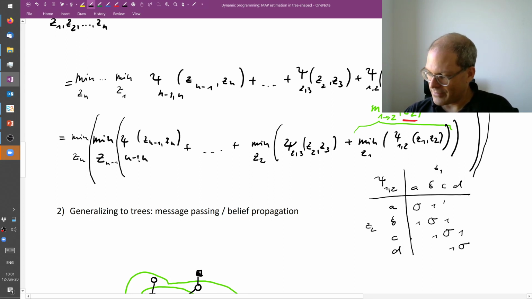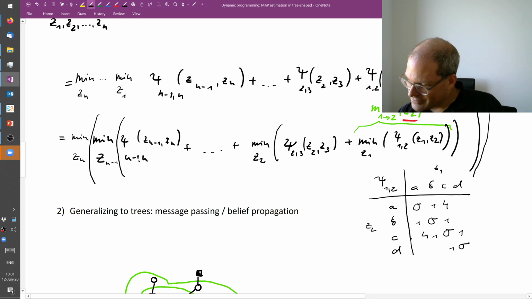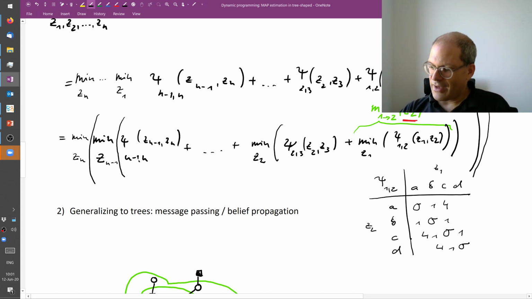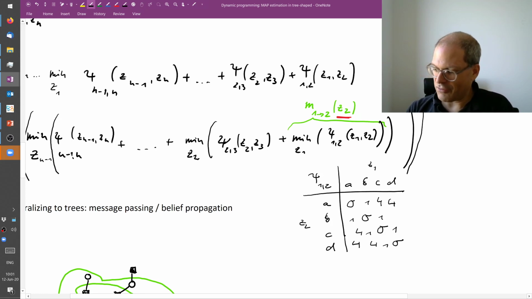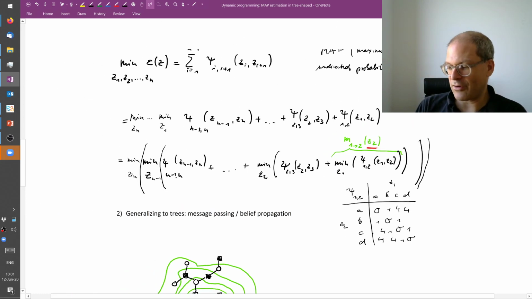So let's say we have a penalty of 4 here, and if the state difference is even bigger, we're not going to penalize this any harder. So I'm just going to leave it at 4. So for example, that's the kind of table that we have.